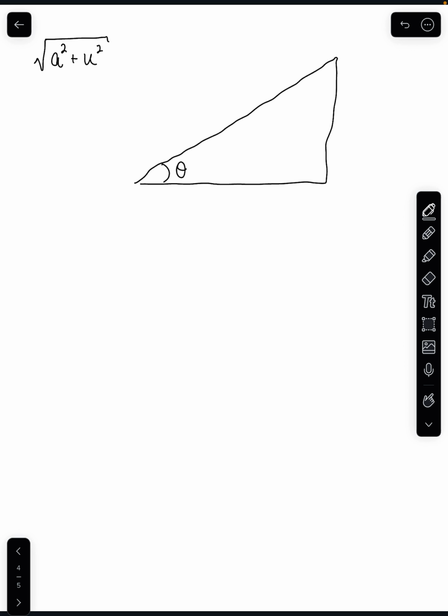In this situation, in order to have a sum of the squared terms, the a and the u must be the 2 legs of the triangle. They can be done in either way, but typically the variable expression is the opposite side, while the constant term is the adjacent side.